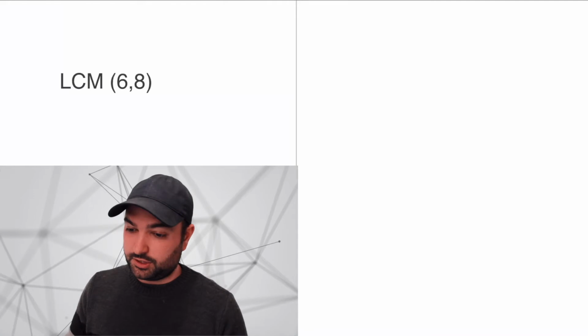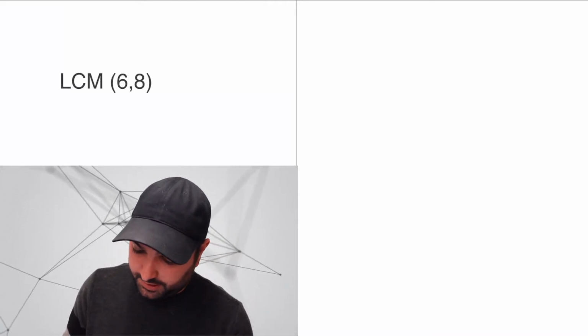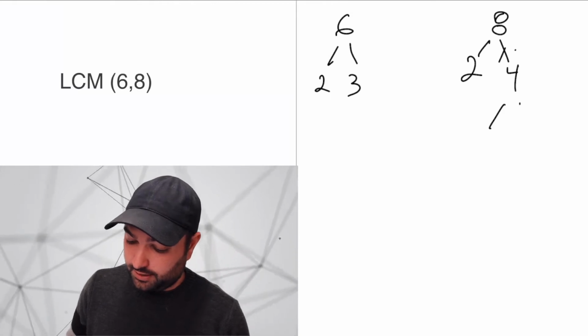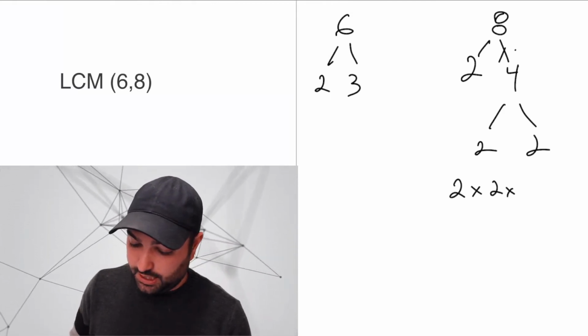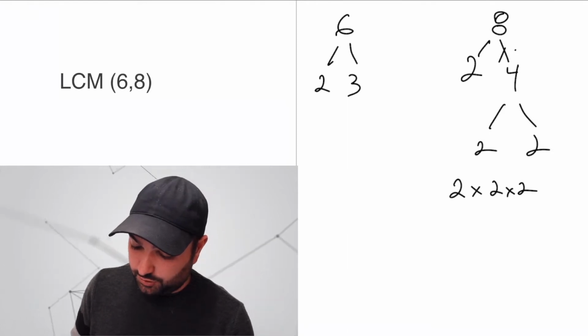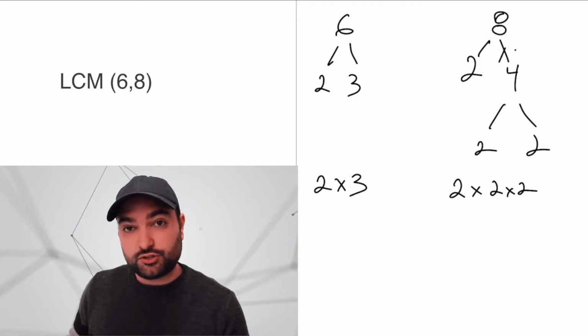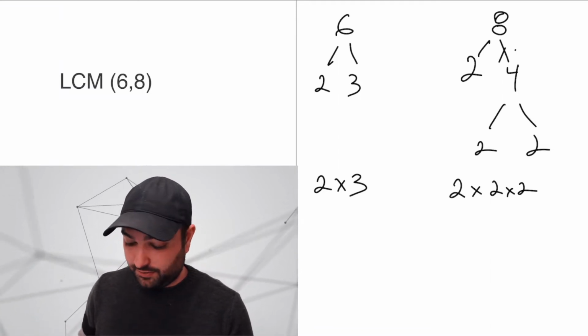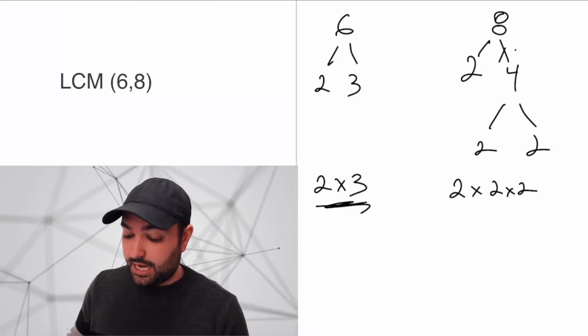Okay, so in this demonstration we'll look at prime factors of 6 and 8. What we know now is that we have prime factors 2 times 2 times 2 for 8, and for 6 we have 2 times 3. So if the prime factors 2 and 3 are in a number, then that number will be a multiple of 6.